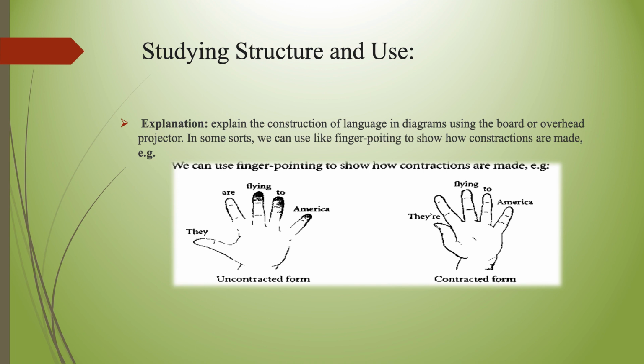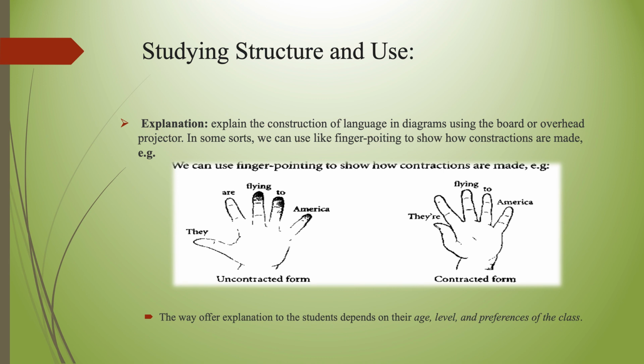They are flying to America. So when the teacher teaches, students can show finger pointing here. The right one, you can see the thumb and the finger together, they and are, and then pronounce there and used together, called the contracted form.